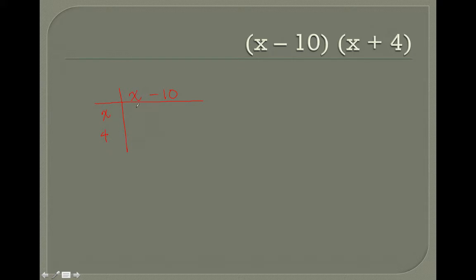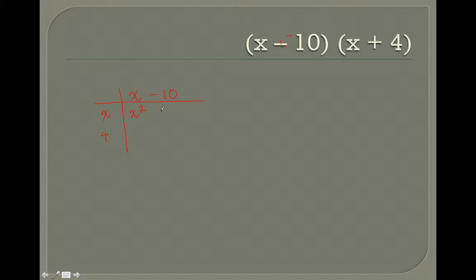I'm going to multiply these two first terms. X times x is going to give me an x squared. I'm going to multiply my first term here with my second term, x times -10. Remember, this minus sign is really adding the opposite, so I have to make sure that I bring that minus sign, or the negative sign, along with my 10.